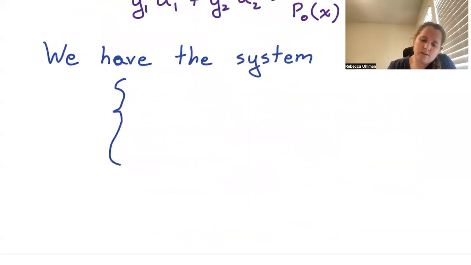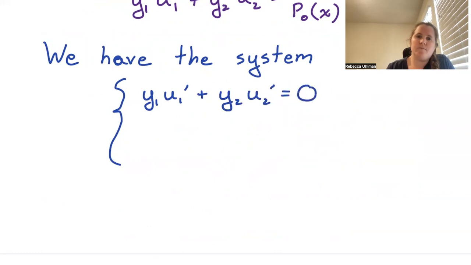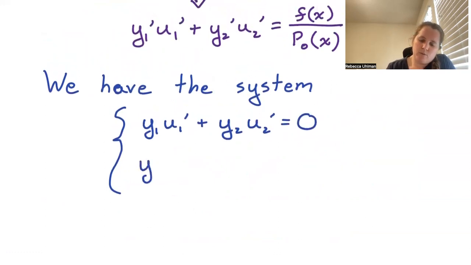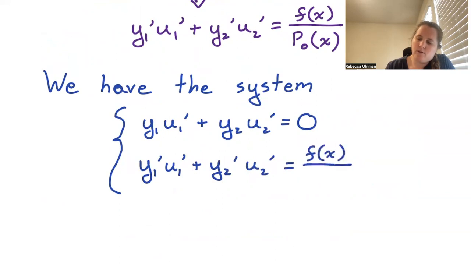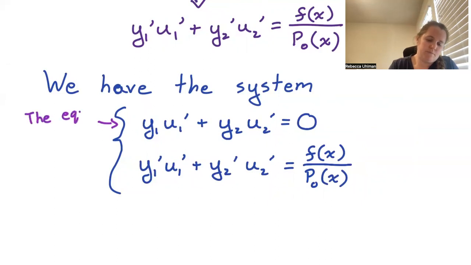So we have the system y1 times u1 prime plus y2 times u2 prime equals 0, and then the equation we just found, y1 prime times u1 prime plus y2 prime times u2 prime is equal to f of x over P0 of x. This top equation is the equation we picked, and this is the simplified differential equation.